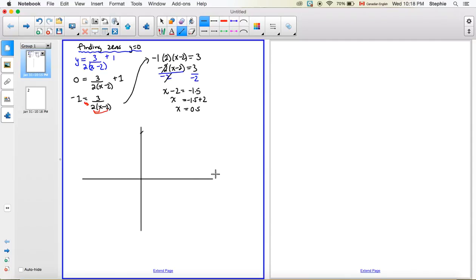So if we remember what our graph looked like, we had the asymptote at 2, and then we had another one at 1. Okay, so remember our graph had this at 2 around like that.